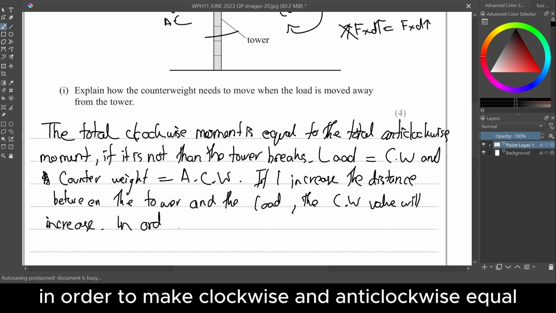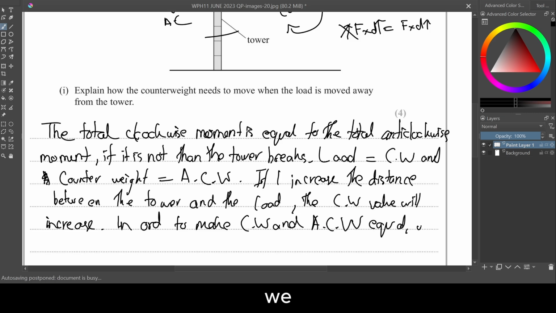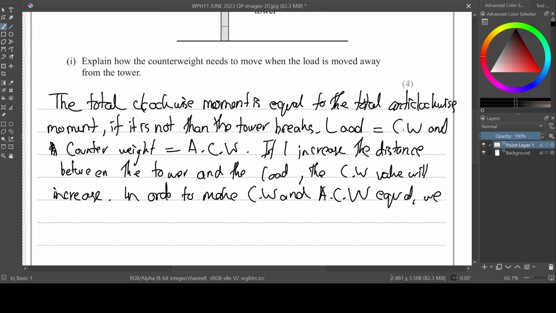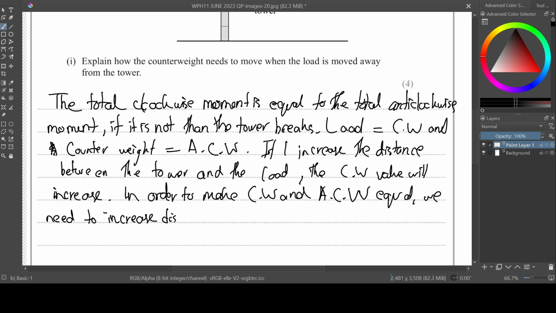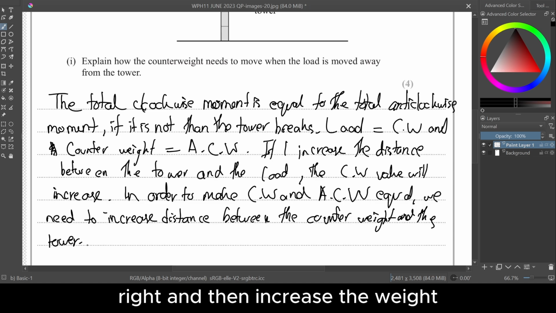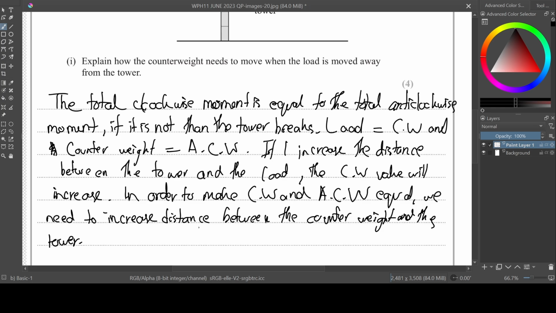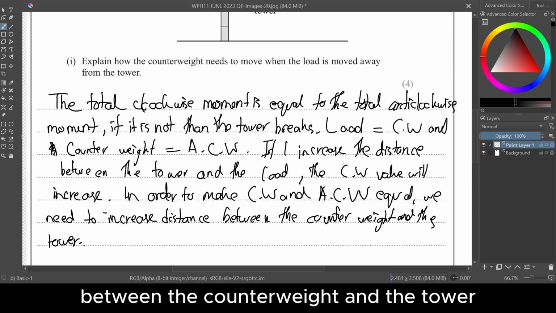In order to make clockwise and anti-clockwise equal, we need to increase the distance between the counterweight and the tower, right?